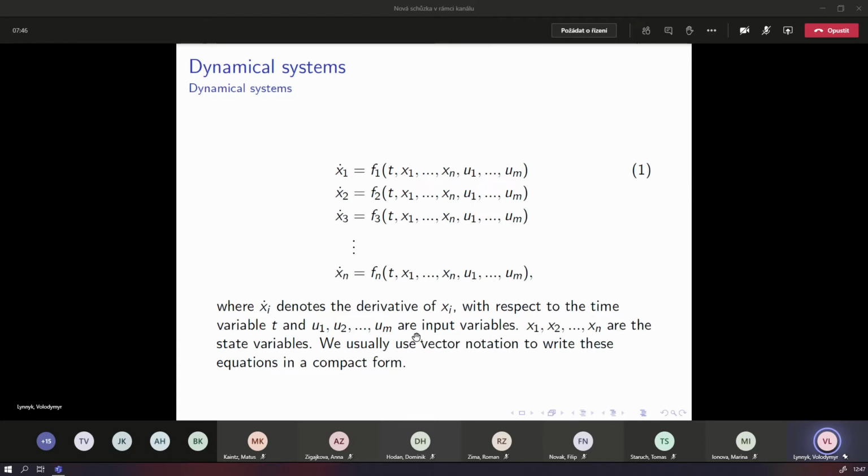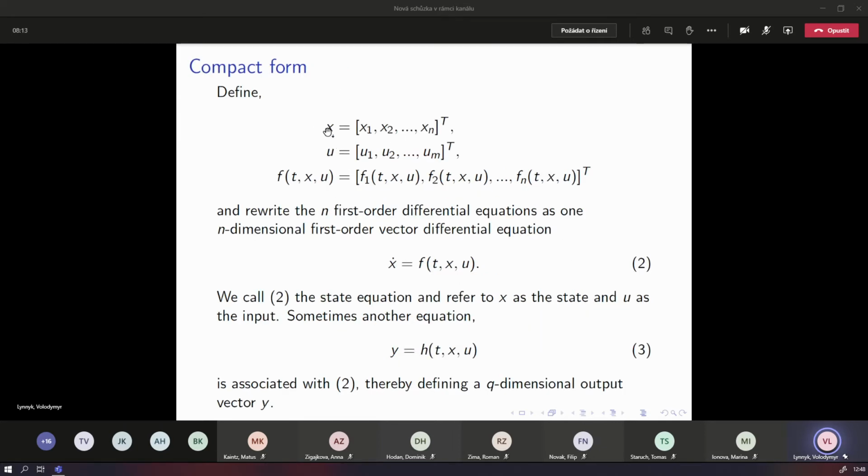Here xi dot denotes the derivative of xi with respect to the time variable t, and u1 to um are input variables, x1 to xn are the state variables, and we usually use vector notation to write this equation in a compact form.